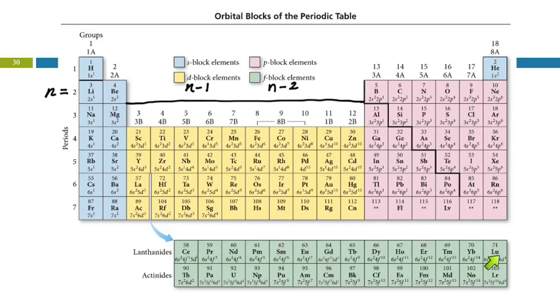So this is the 4F room filling, and then we go back and finish filling up the 5D, and then we have 6P, 7S. One guy goes into the 6D, and then we go into the 5F. We come back and finish up with the 6Ds. And so all of that ordering is actually in the periodic table.